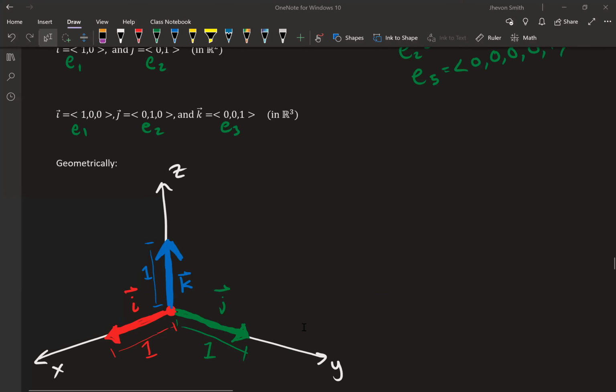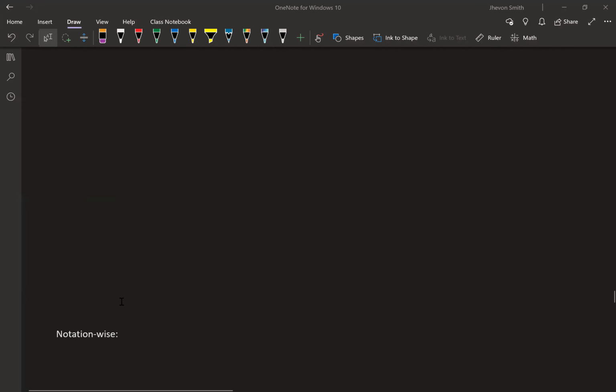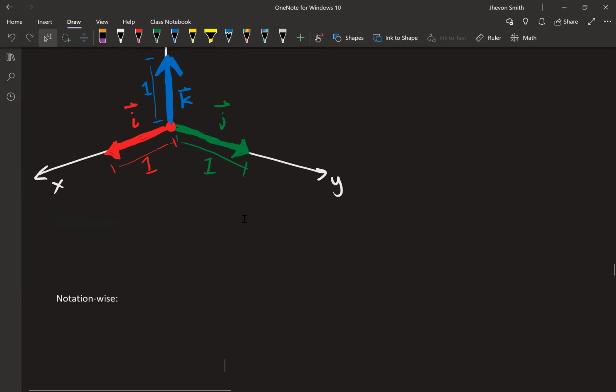And they can be used as a basis in the sense that we can actually talk about every vector in the space in terms of these vectors. It's a set of vectors that we can use to describe every vector in the space in an optimal way, in the sense that any smaller set of vectors wouldn't be able to do it, and any larger set of vectors would be redundant.